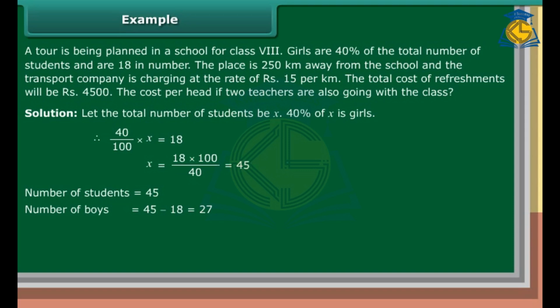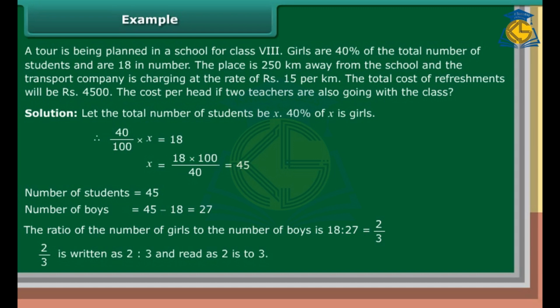Number of boys is equal to 45 minus 18, which is 27. The ratio of the number of girls to the number of boys is 18:27, which is equal to 2/3. 2/3 is written as 2/3 and read as 2:3.